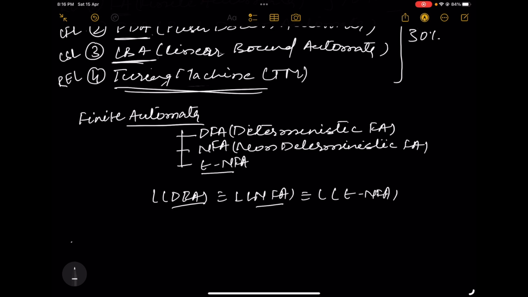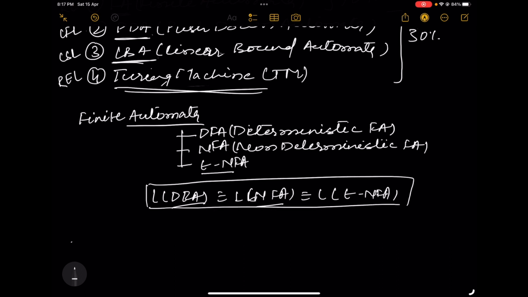We will see the proof of it in some later classes, but you can simply note it down as of now. And one more thing, we can do a conversion between NFA and DFA. If we are having the NFA or epsilon NFA, we can convert it back to NFA, or correspondingly we can convert it to DFA. That's not an issue.